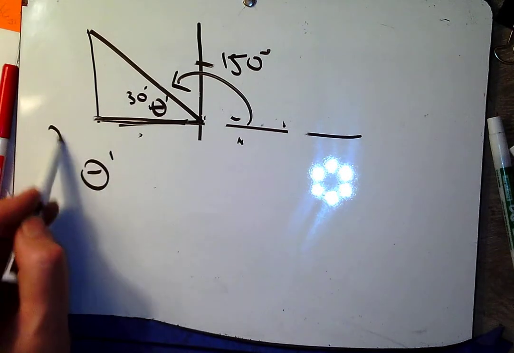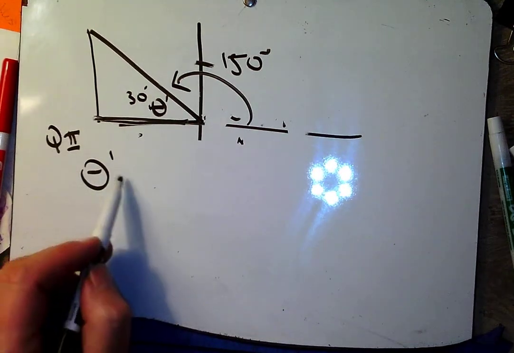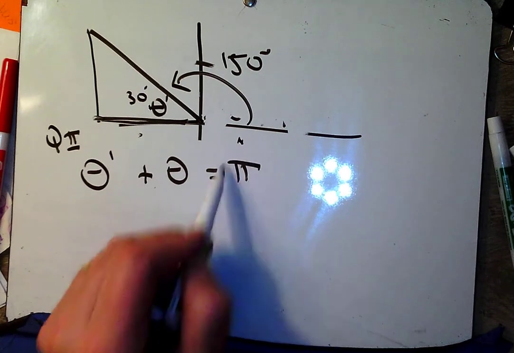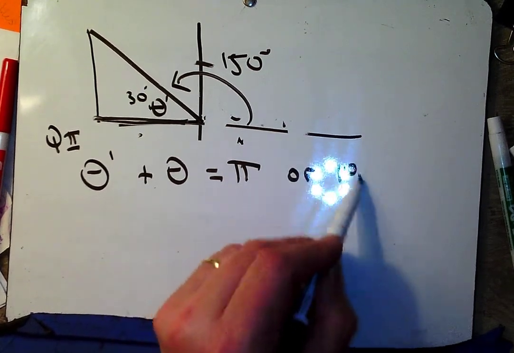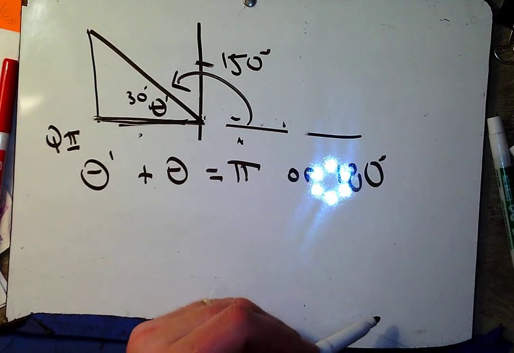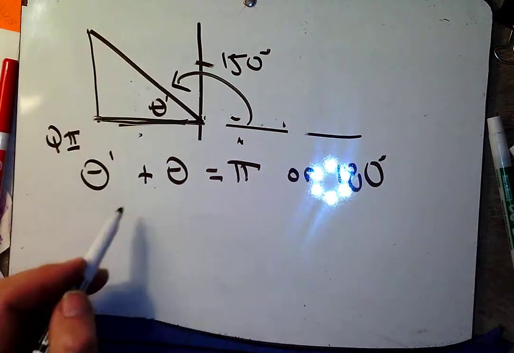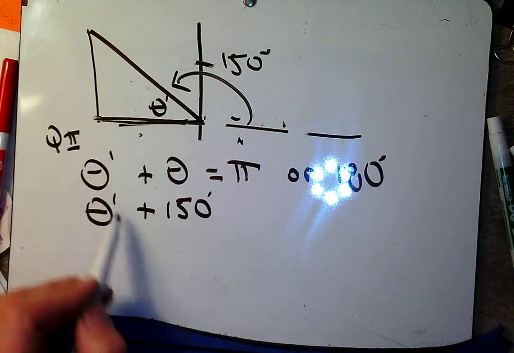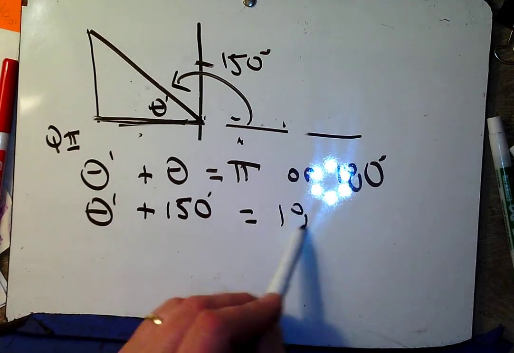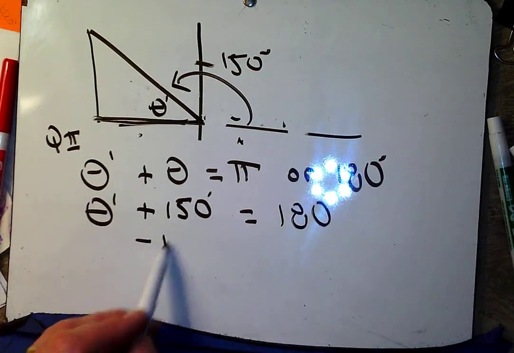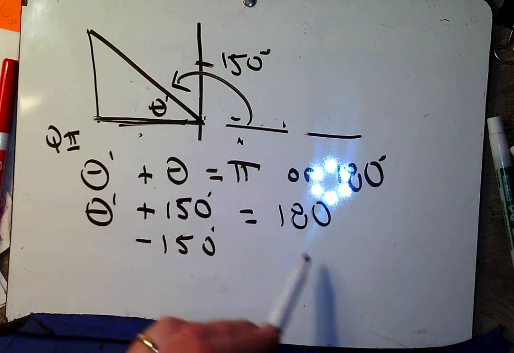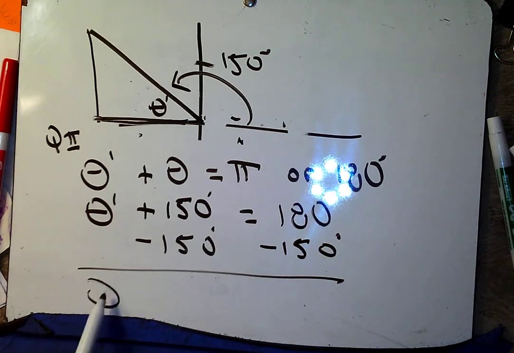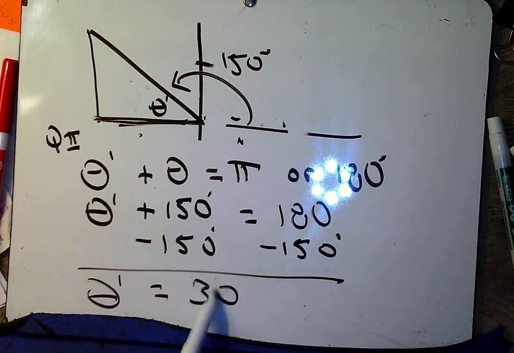Well, in quadrant 2, theta prime plus theta should add up to pi, or 180. Okay, so I know that theta is 150, and I'm looking for theta prime, and so if I subtract 150, I get that theta prime equals 30.